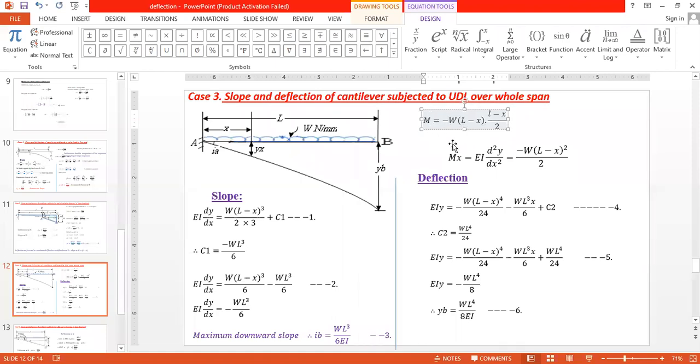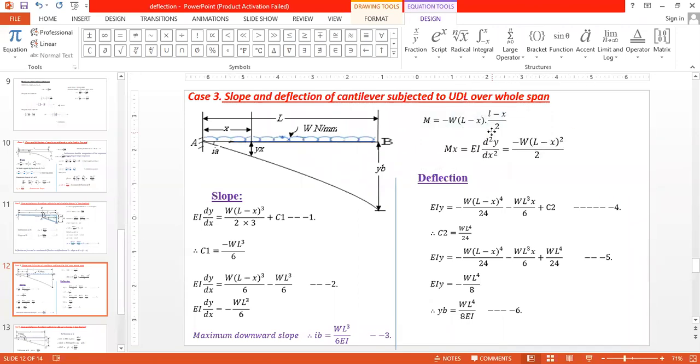Now equate it with M is equal to EI d2y by dx square. This becomes EI d2y by dx square is equal to minus W into L minus x square by 2.